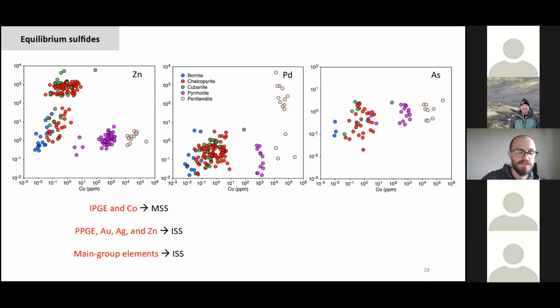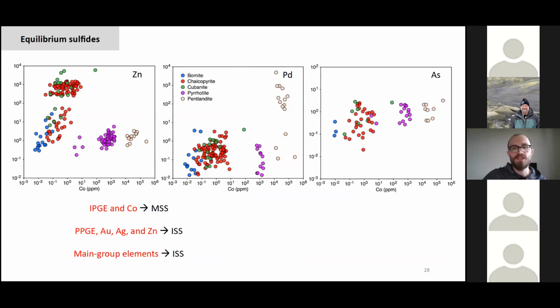Now, if the equilibrium sulfides crystallize from a sulfide liquid, then their compositions should reflect the partitioning of metals between iron-rich monosulfide solid solution, so pyrrhotite and pentlandite, and copper-rich intermediate solid solution, so chalcopyrite, cubanite, and bornite.